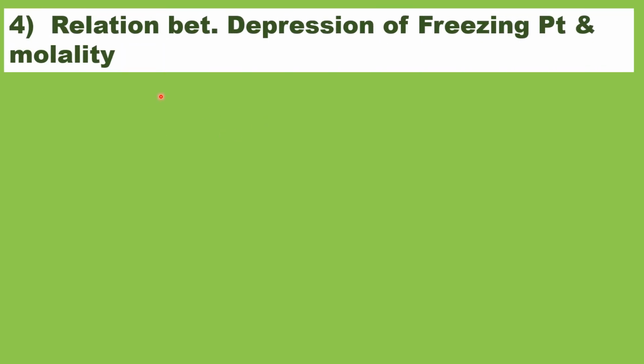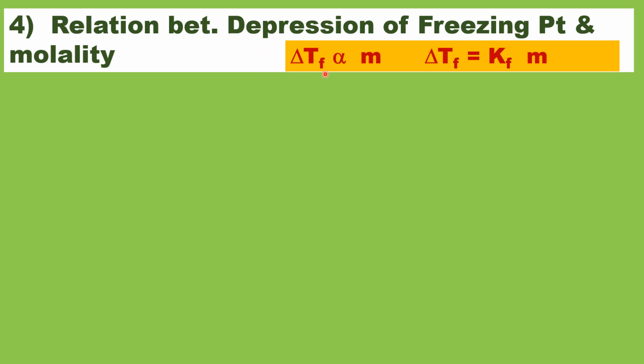Next question. Give the relation between depression of freezing point and molality. As you know, the depression of freezing point delTf is directly proportional to molality of the solution, and delTf equals Kf m. Kf is the proportionality constant.